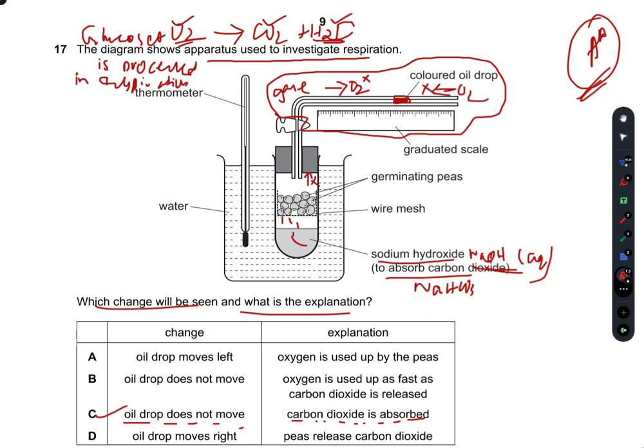Since the gas pressure becomes low, this colored oil drop would move towards the left because oxygen is now being used. The volume of oxygen is being reduced. So this colored oil drop will move towards the left. And why is this? Because oxygen is used by the peas. Okay, so A is the right answer.